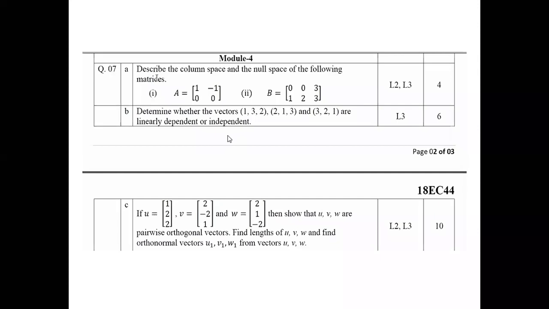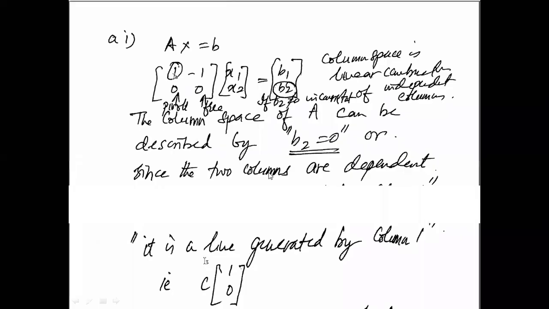Okay. So let's look at the first one, 7a. In 7a, you need to find the column space and the null space for matrices A and B. So let's see how we can do this. To find the column space, we need to have the equation Ax equal to b.